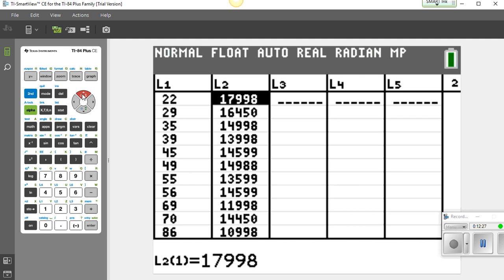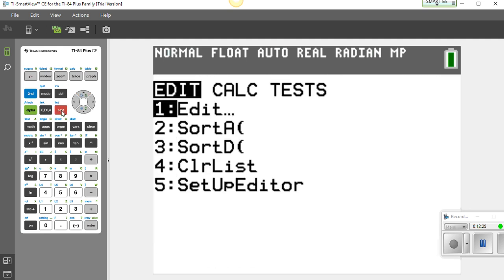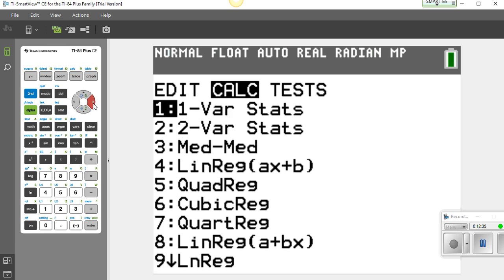So, okay. We're going to go to stats. Anybody remember how to do a linear regression? We're going to go over the calculator. Now, 4 is the premier option back from Math 1. However, I want you to think about the form of the least squares regression line that you wrote on your table. A plus bx. A plus bx, right?